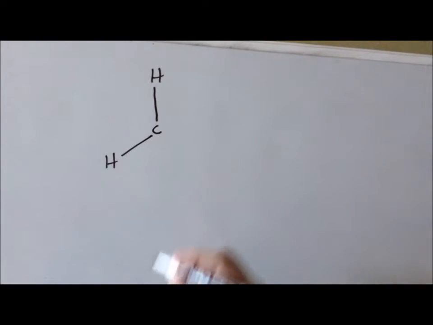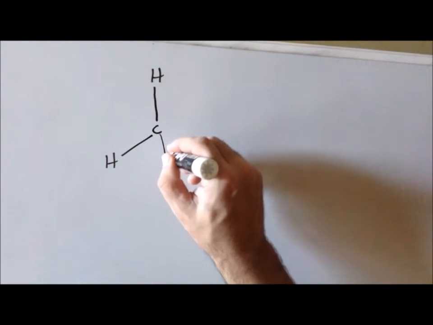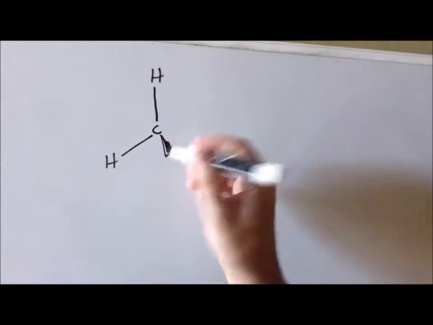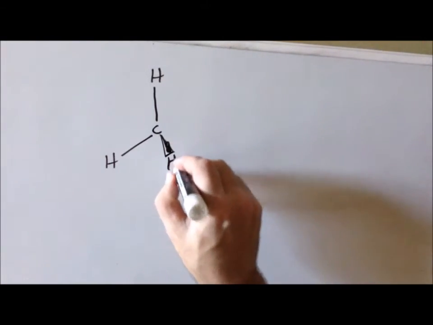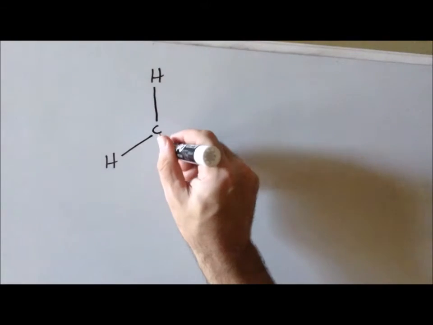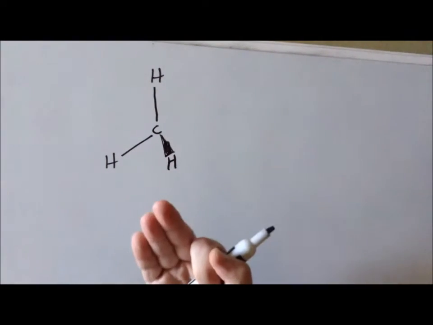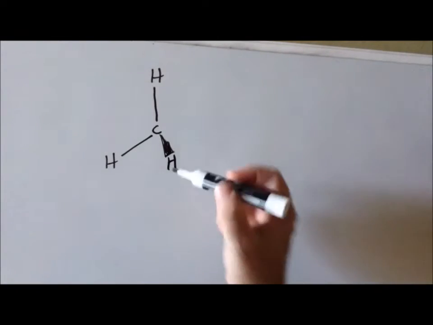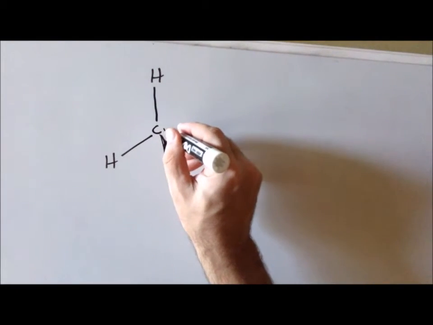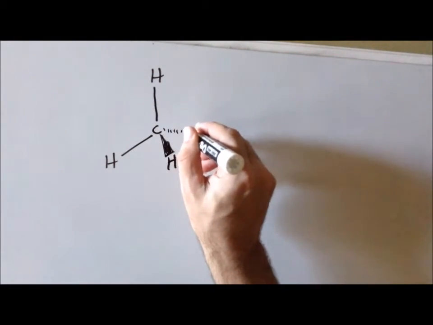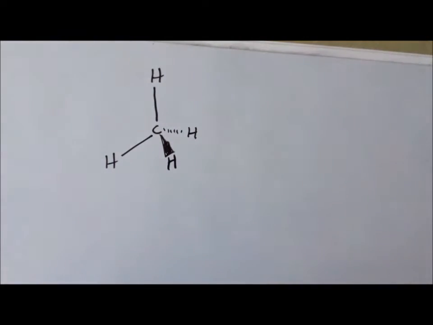To show something that's nearer to us, out of the plane, closer to us, we use wedges. So it's kind of a wedge there, and typically you fill that in. That shows us that this hydrogen is actually closer to us than the whiteboard. And then to show that the other hydrogen is actually behind the board, we use these sort of dashes. So this is a way of giving a three-dimensional feel to the diagram.